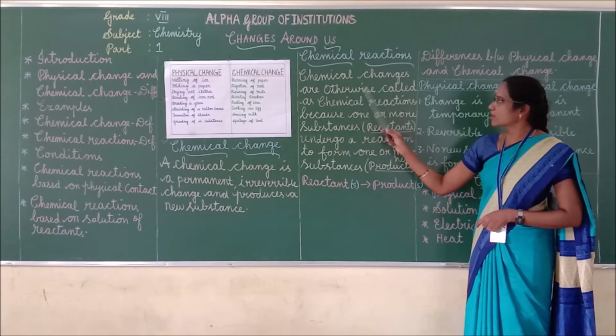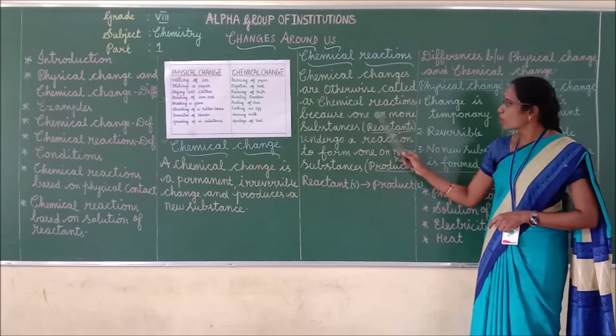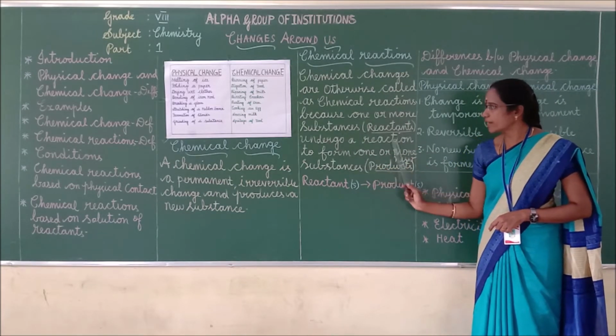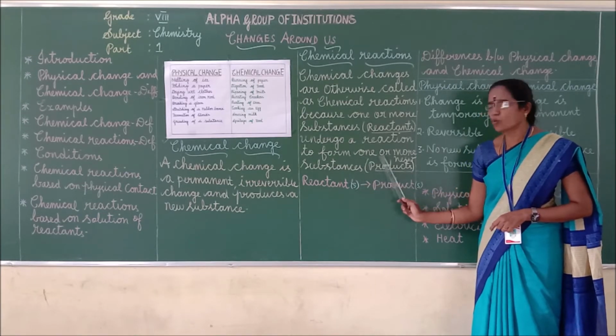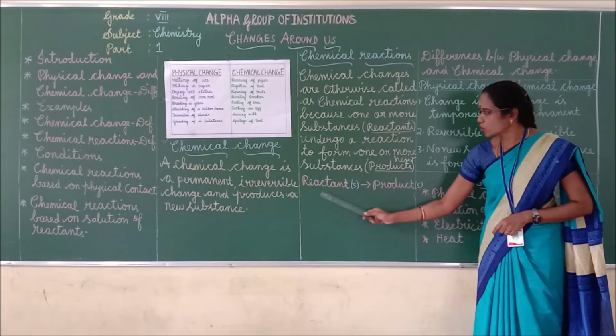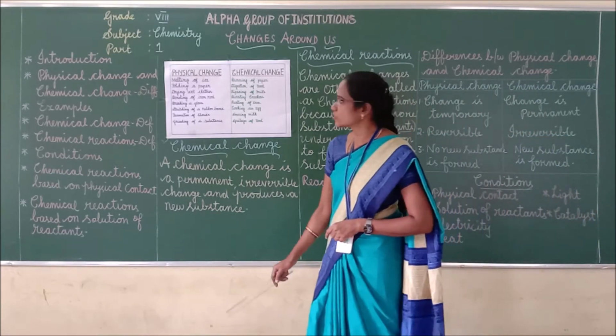Chemical changes are otherwise called chemical reactions because one or more substances, that is reactants, undergo a reaction to form one or more new substances, that is products. So reactants give products. Understood? Shall we move to the next one?